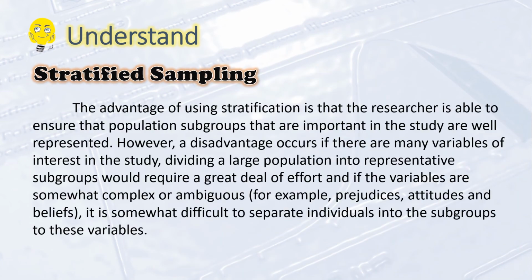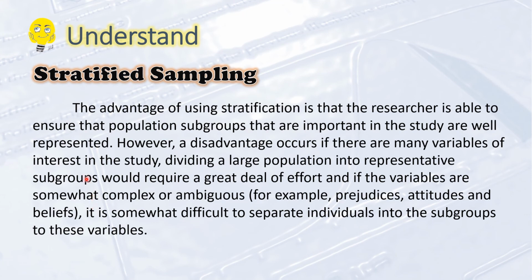The advantage of using stratification or the stratified random sampling is that the researcher is able to ensure that population subgroups that are important in the study are well represented. However, a disadvantage occurs if there are many variables of interest in the study.